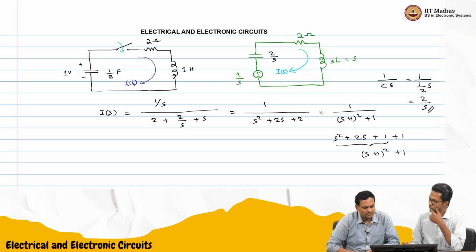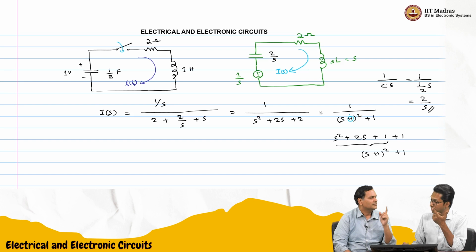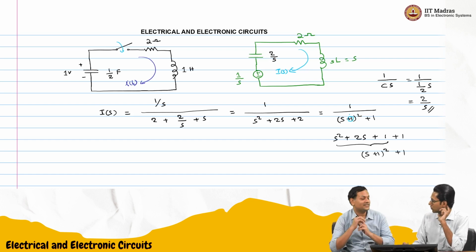If this 1 was not there, it would have been easy. Yes. It would have just been 1 by S squared plus 1. Or it is like omega by S squared plus omega squared, where omega is 1. That is just sine omega t. Sine t. Correct.